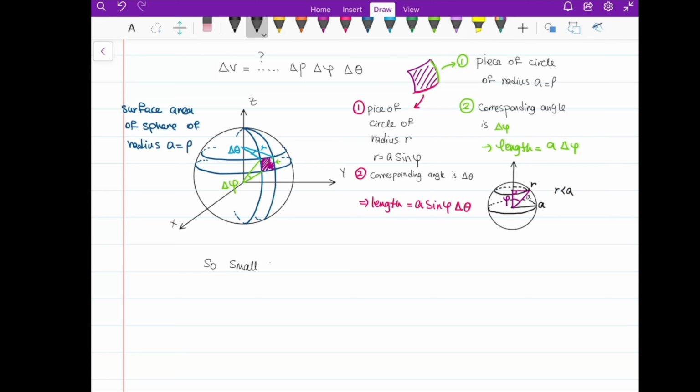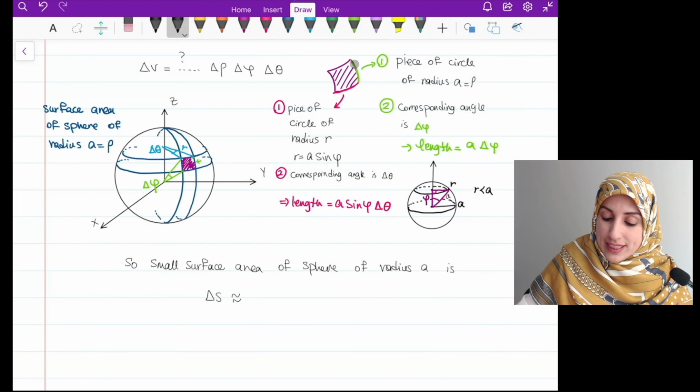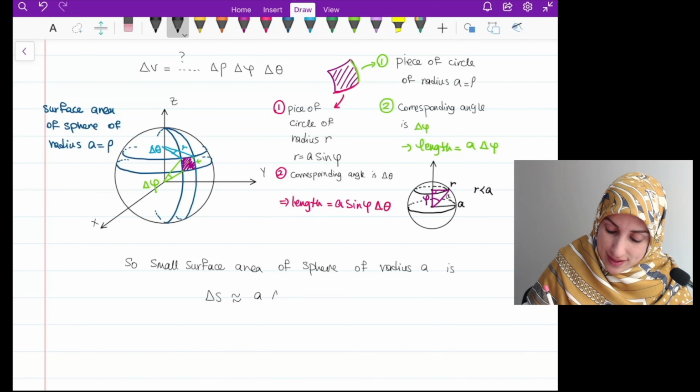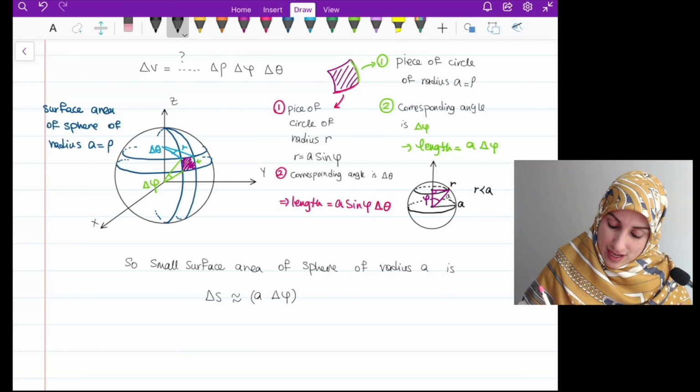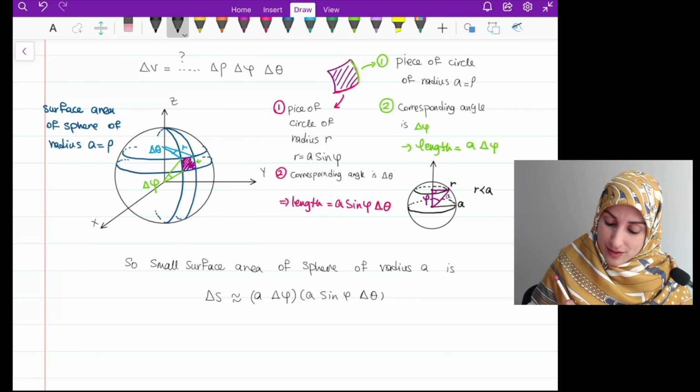Small surface area of the sphere of radius A is equal to what? Delta S is approximately this side times that side. So this side in here would be A delta phi, and this side in here is A sine phi delta theta, right?